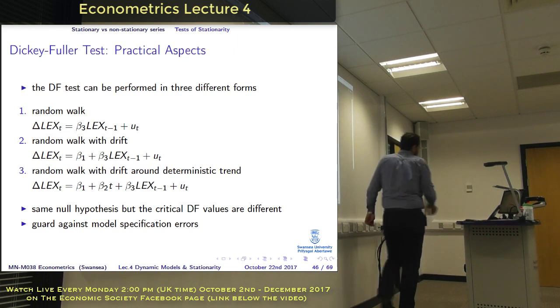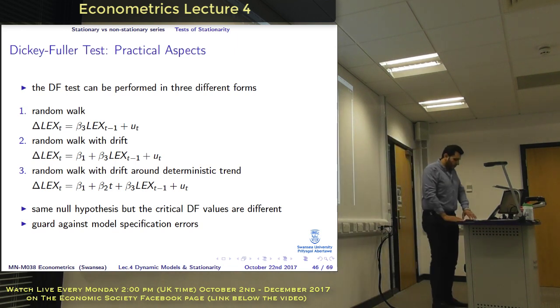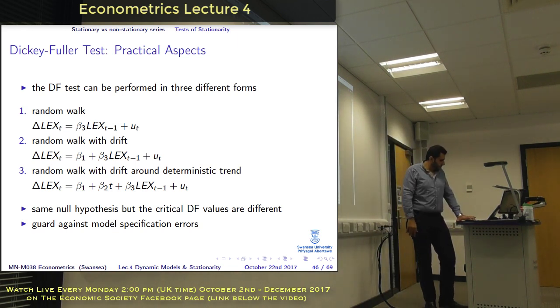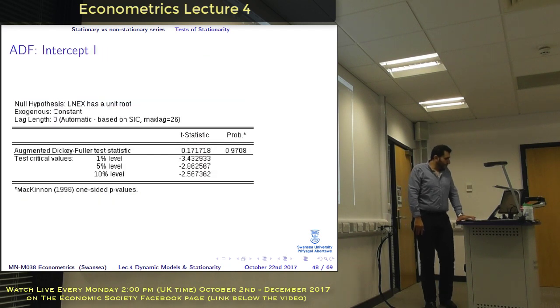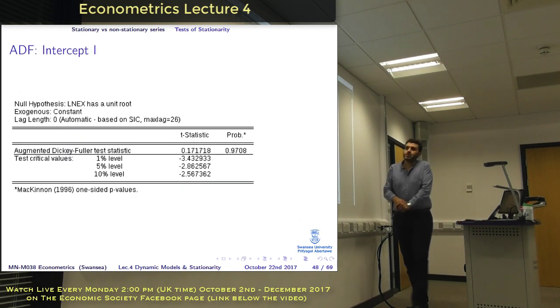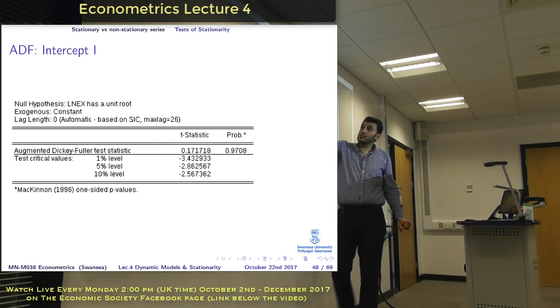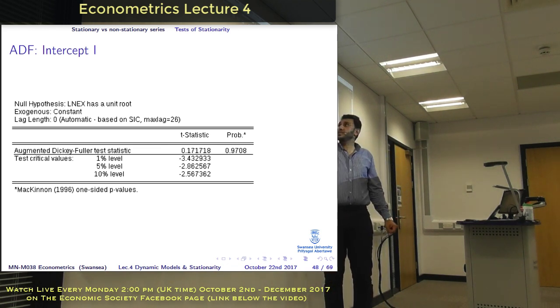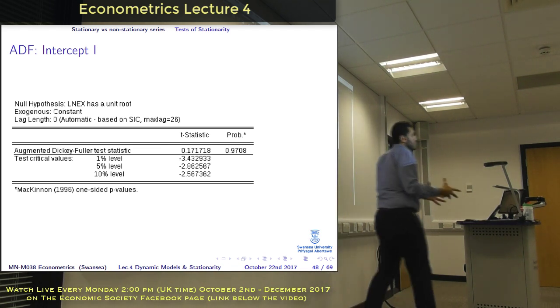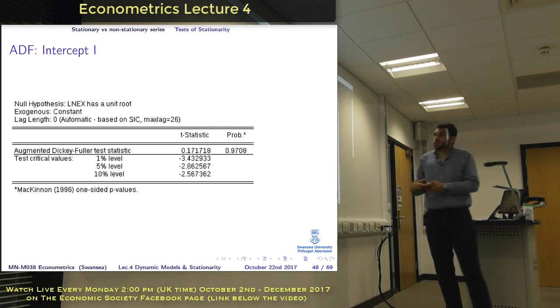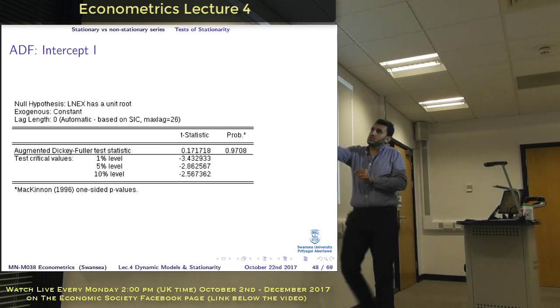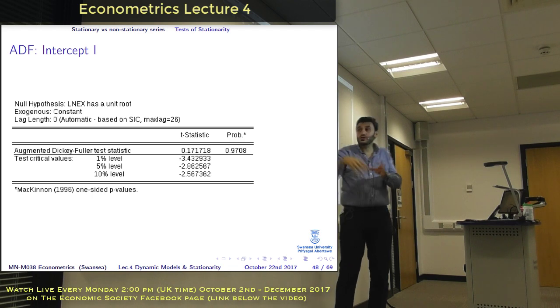Okay, so now let's see how to make a decision. As we said, the null hypothesis is that this series has a unit root, meaning that it's not stationary. The exogenous variable here is the constant, that means we had an intercept.